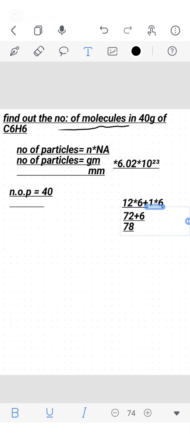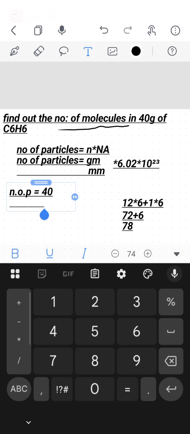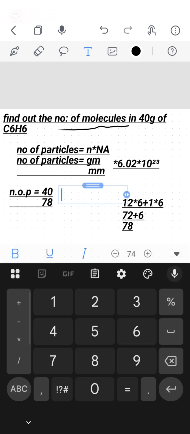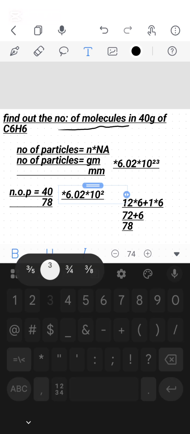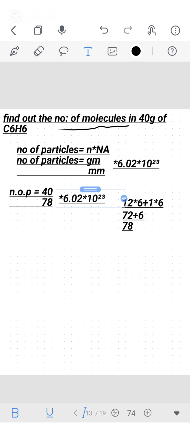So we will be writing over here divided by 78, and then the same Avogadro number will be multiplying with it, which is 6.02 multiplied by 10 power 23.